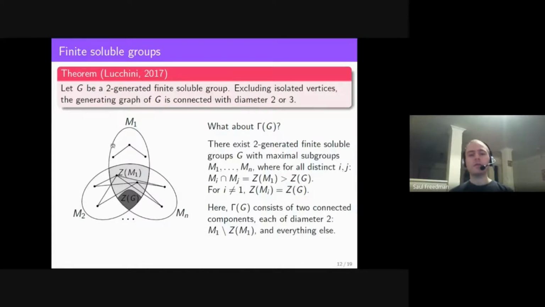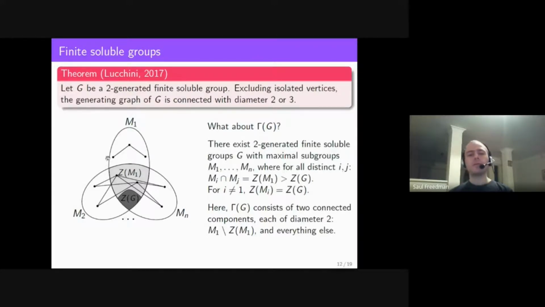Additionally, every vertex outside the center of M1 lies in a unique maximal subgroup, because the intersection of any 2 maximal subgroups is the center. And so we can't join a vertex in M1 outside the center to a vertex outside of M1 because these 2 vertices will generate the full group. So they're not joined. So indeed, these 2 components are disjoint.